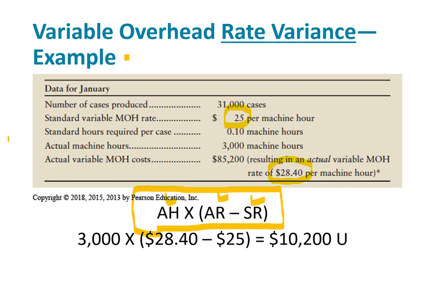So here's the actual machine hours, 3,000, and we're looking at the actual cost of each machine hour, and we see that the actual rate is higher than the standard rate, so we know that's unfavorable. Whenever the actual cost is greater than the standard, it's unfavorable. And so our variable overhead rate variance is 10,200 unfavorable.